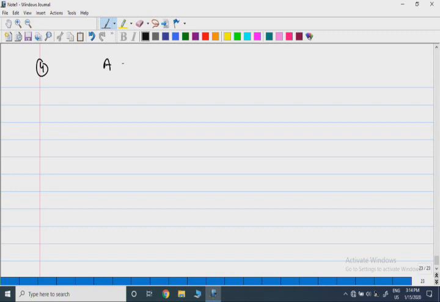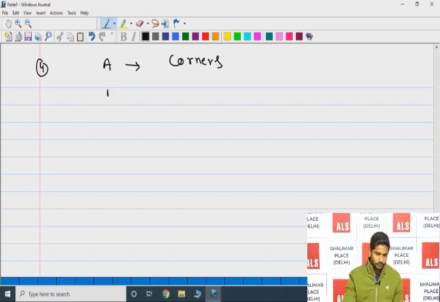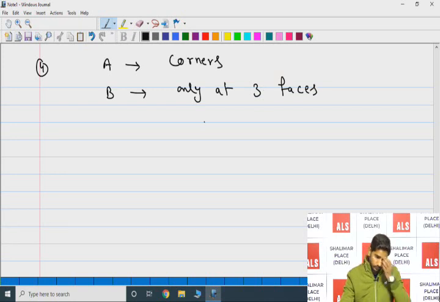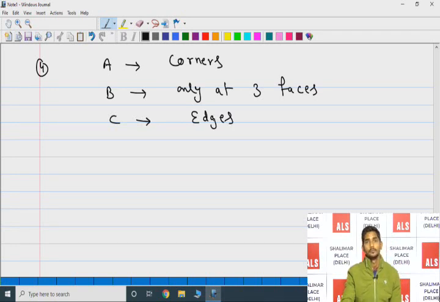A at corners, B at only 3 faces, C at edges. Solve.